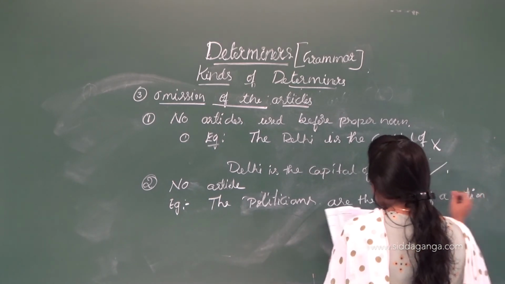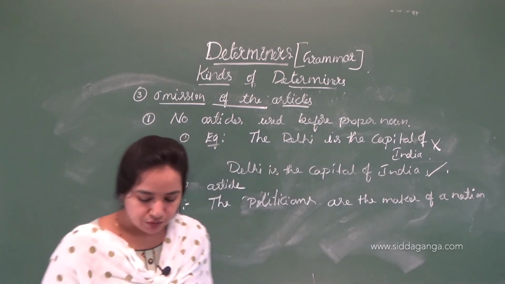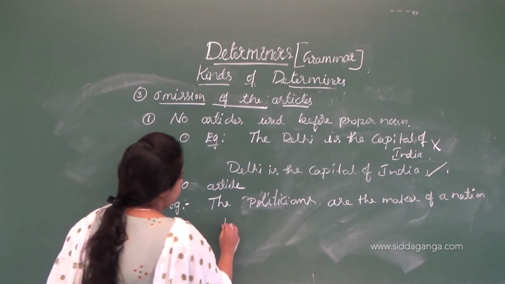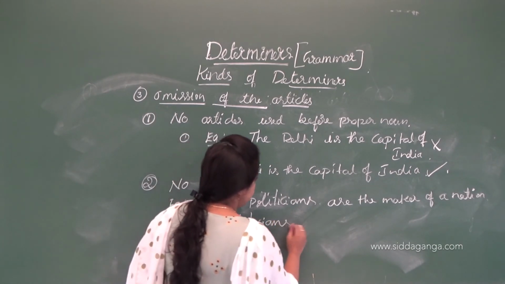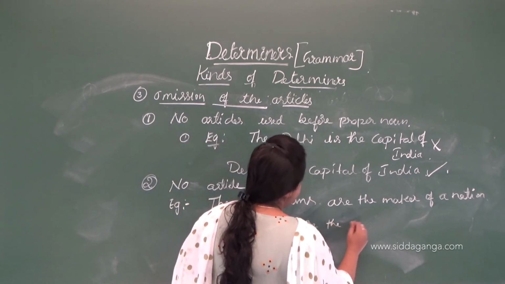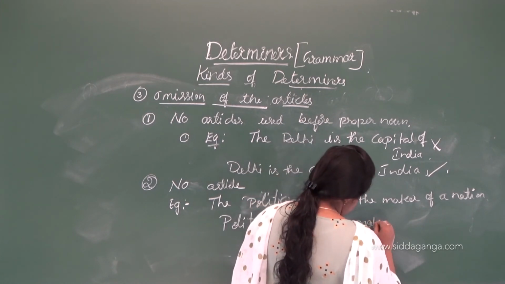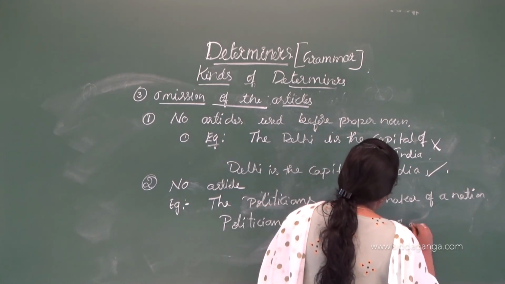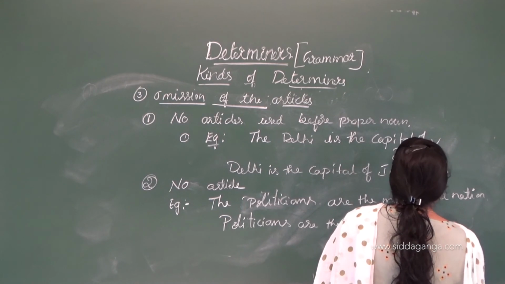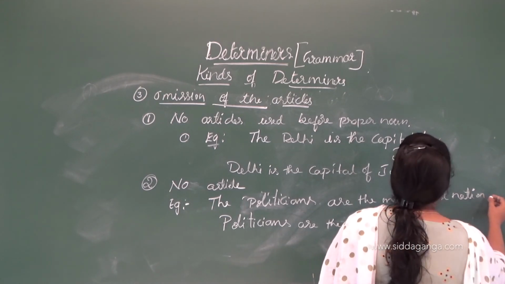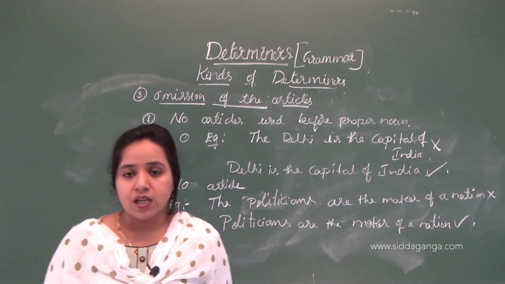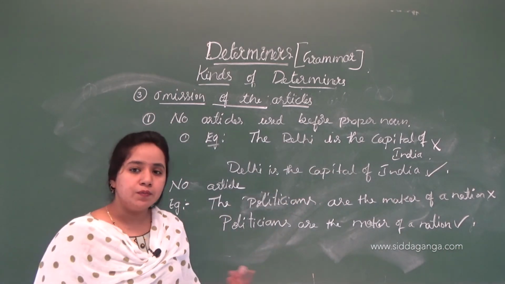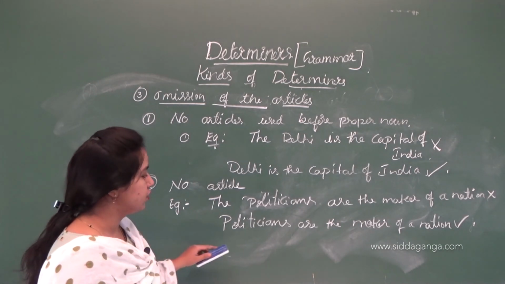In this case we do not use "the"; we only say "Politicians are the makers of a nation." It talks about politicians as a whole, not a single politician. It is about the plural, all the people who belong to this category.